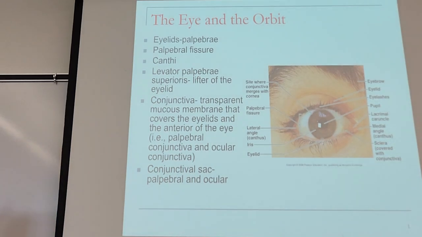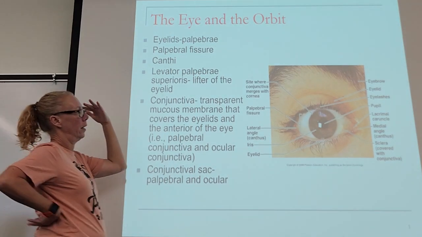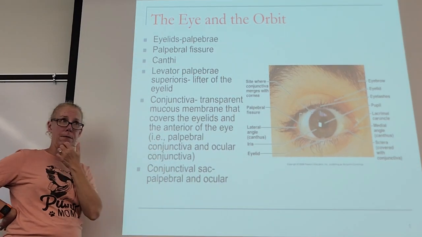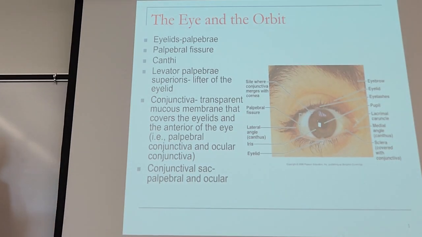I'll show you the levator palpebrae superioris, which is on the next slide. That's basically just musculature on the top of the eyelid that allows you to physically open your eye. The conjunctiva is basically a mucous membrane that covers the whole anterior surface of your eye.